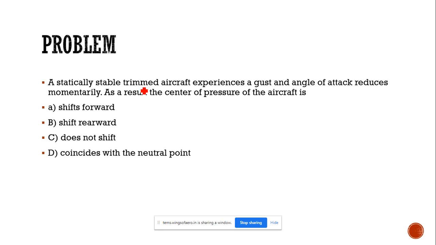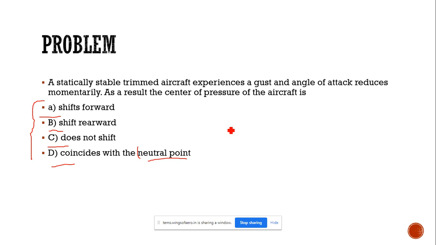So angle of attack is not increasing. As a result, the center of pressure of the aircraft: option A shifts forward, B shifts rearward, C does not shift, D coincides with the neutral point. We didn't cover the neutral point and all that; we will see it in today's session only. But I will tell the answer for this and the explanation for this.